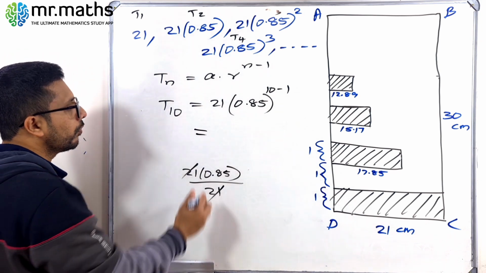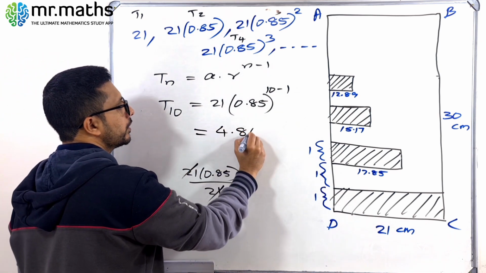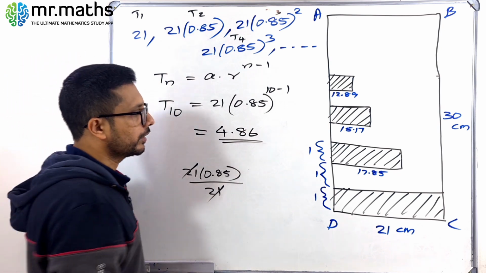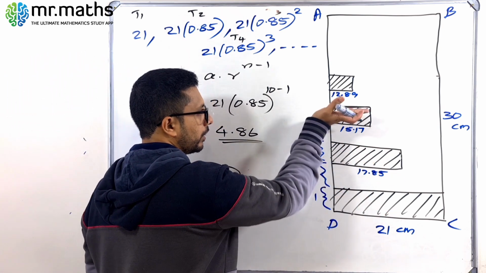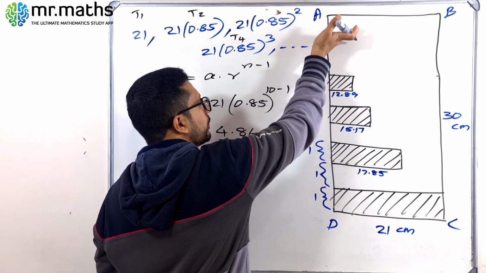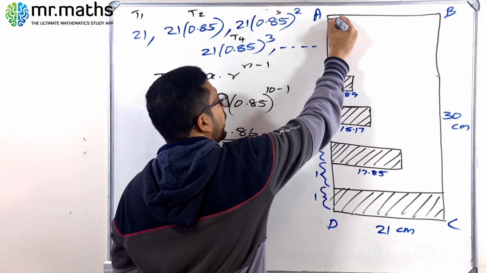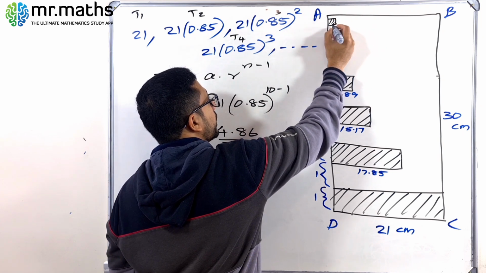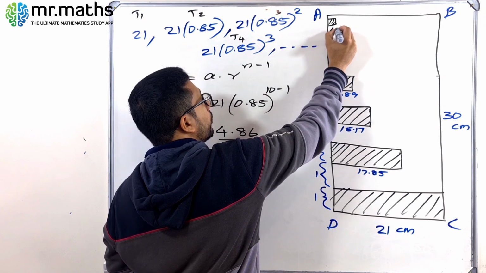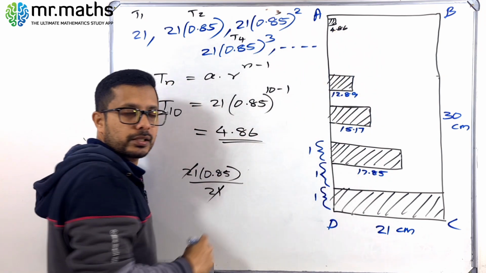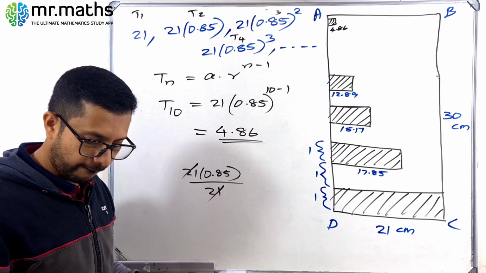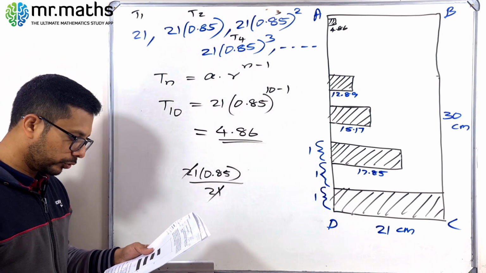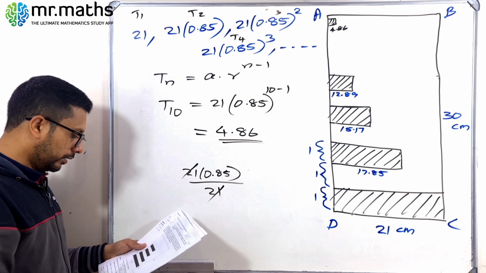You will get 4.86. So the length of the 10th rectangle, after the first, second, third, fourth, fifth, sixth, seventh, eighth rectangles, going like that, is 4.86. Do you understand? That is question number 3.2.1. Now let's move to the next question, 3.2.2.